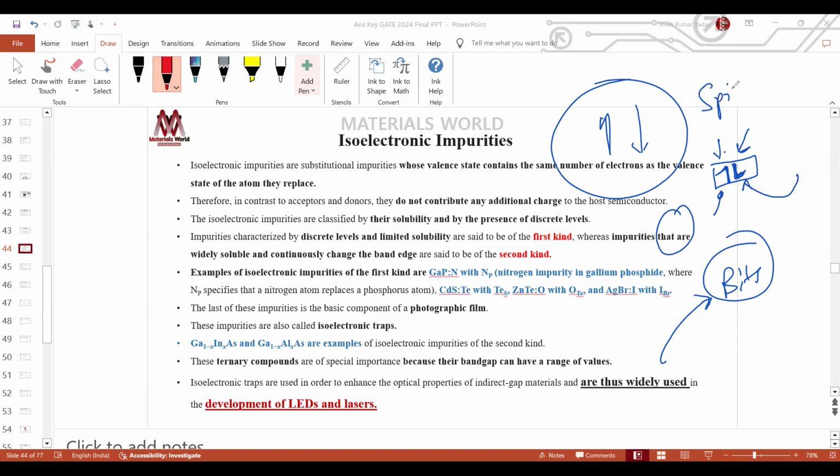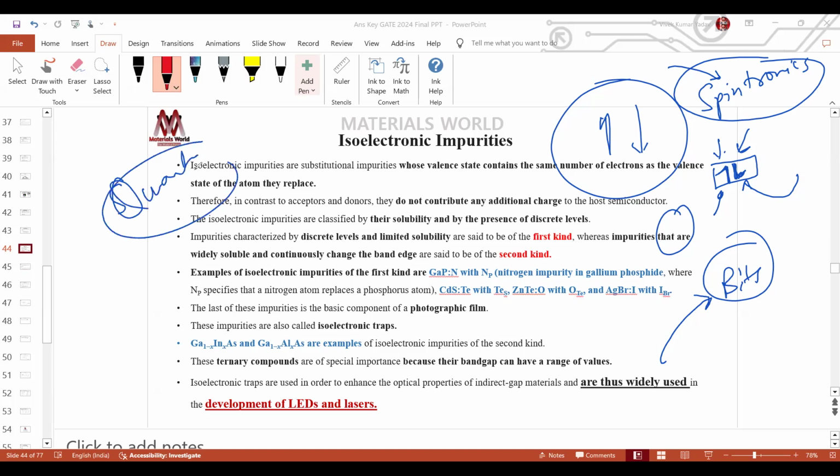This branch of science is called spintronics, and this is the latest, very current trending branch of semiconductor technology, where all computers will become quantum computers that can calculate billions of pieces of information.